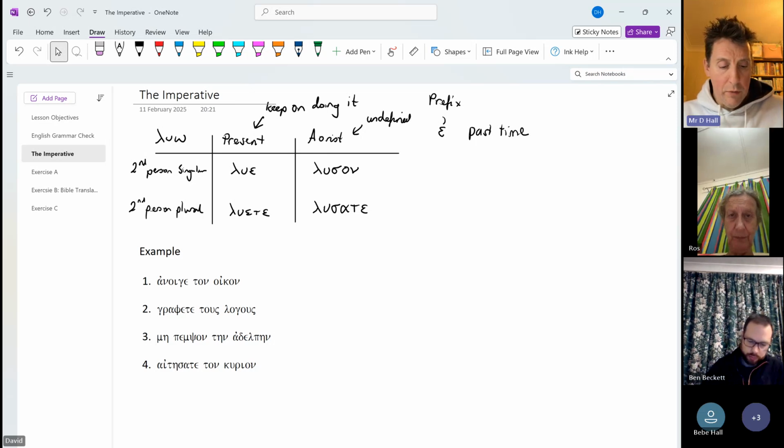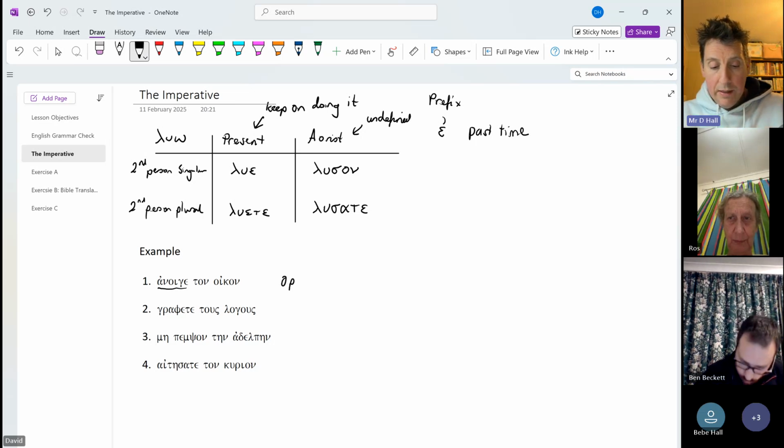So if we look at a couple of examples, so enoigeton oikon. Here this is from the verb to open, so enoigo, and we're in the second person singular, and it's the present. So this is to open the house, and in that sense, kind of keep opening the house. All right, whatever the reason is, you do that.